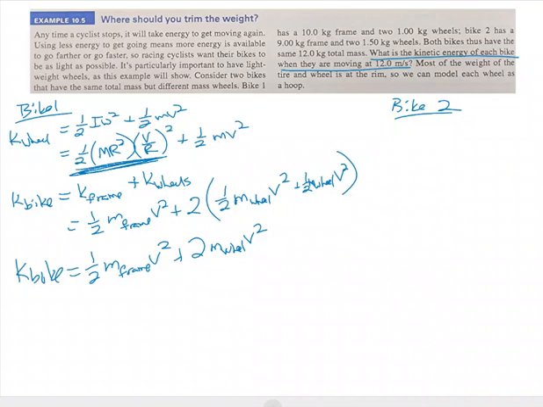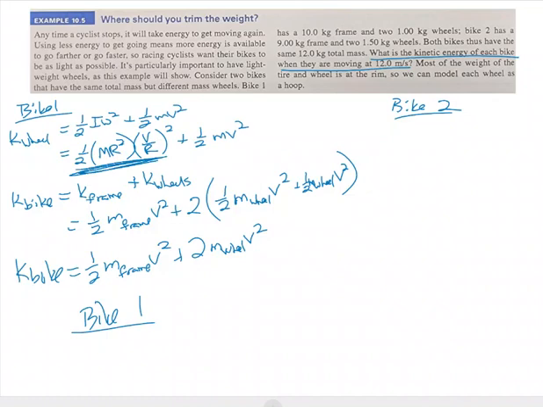For bike 1, plug in the numbers, and bike 2, we'll plug in the numbers. The question is, what do we get? 1/2 times 10 is 5, times 144, 12 squared. 5 times 144, could probably use a calculator.